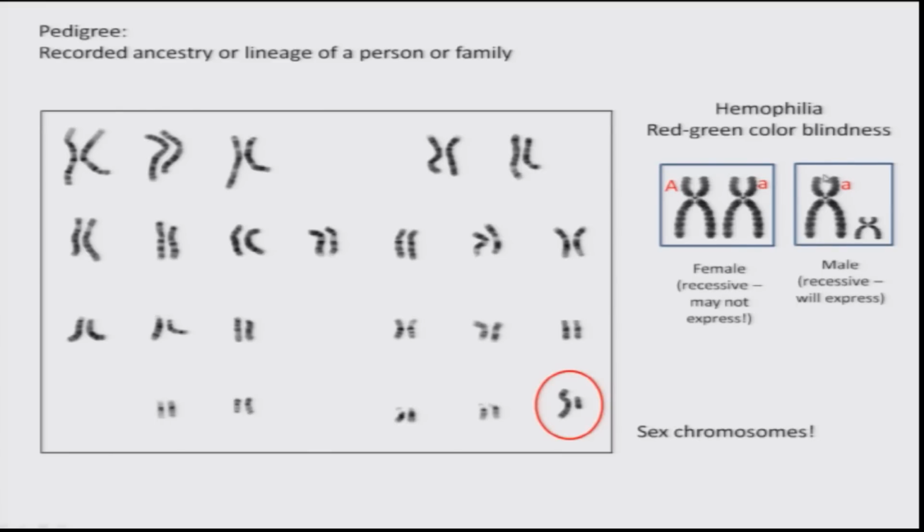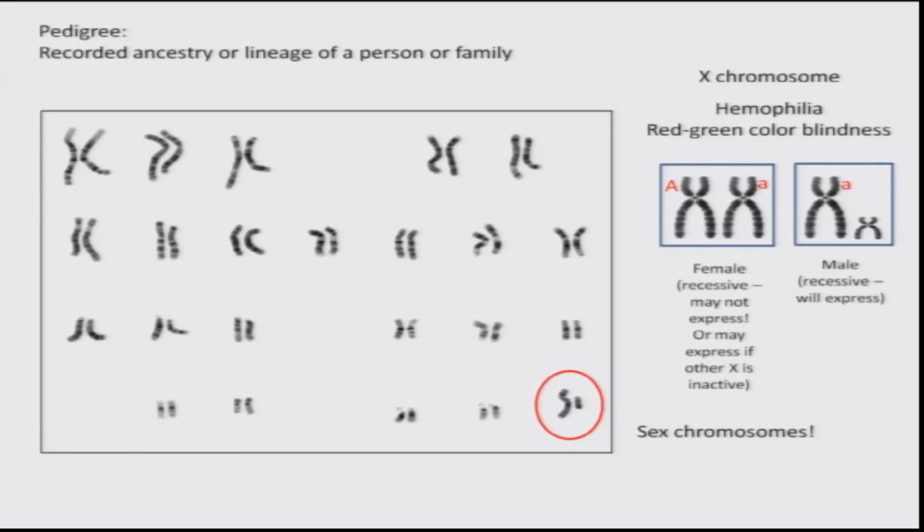But there is one more complication. The female who is carrying only one mutant allele at times may express a phenotype because of the phenomenon called X inactivation. Because there are two X chromosomes in female, the number of copies of the gene in a female is twice the number in the male. To compensate the dosage, one of the two X chromosomes gets silenced, and this silencing is random.